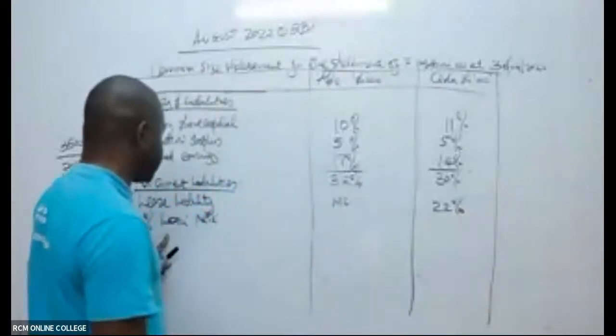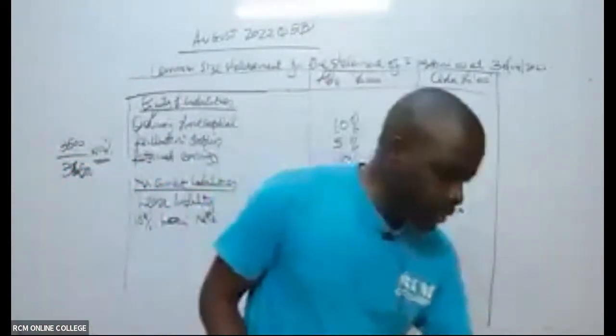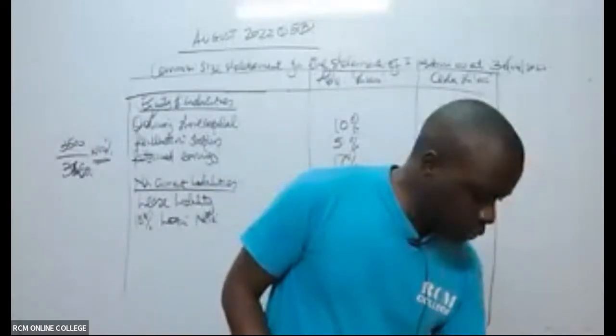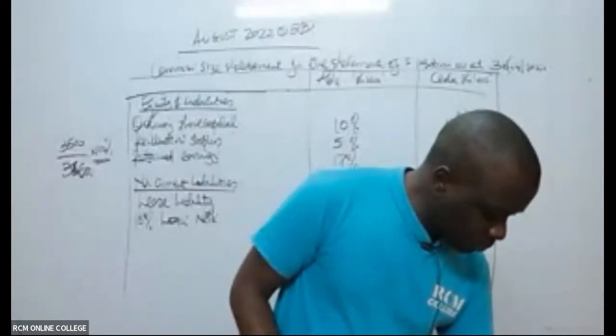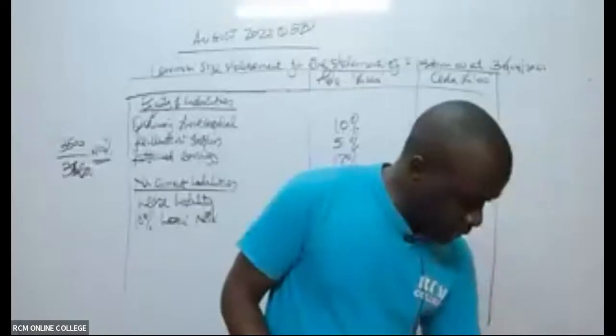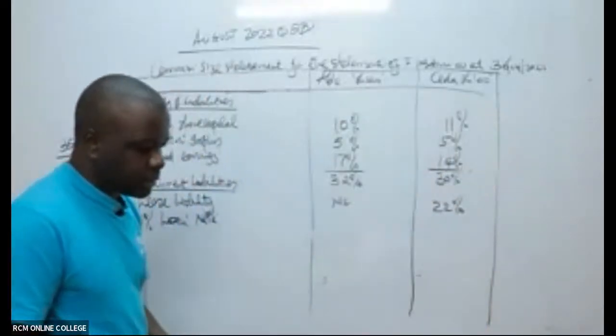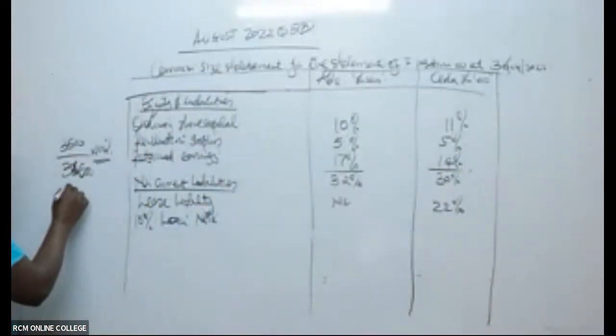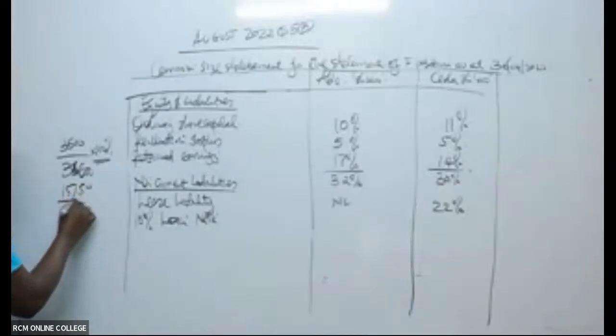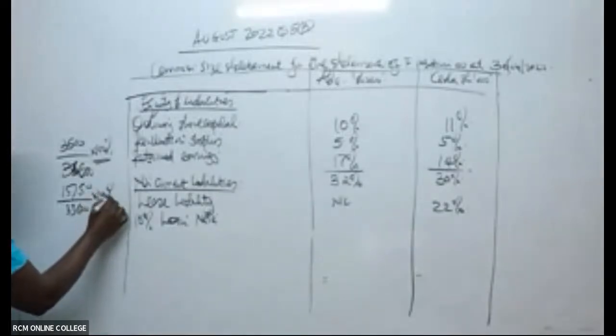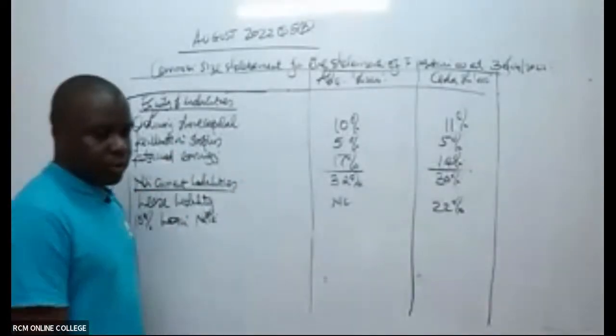What about the 10% loan note? For the 10% loan note, in this case, we have 15,750,000 divided by 33,600 multiplied by 100%. That is for able.